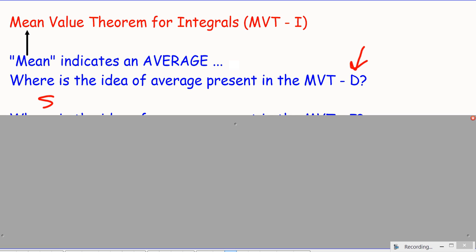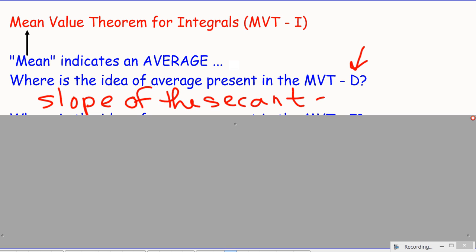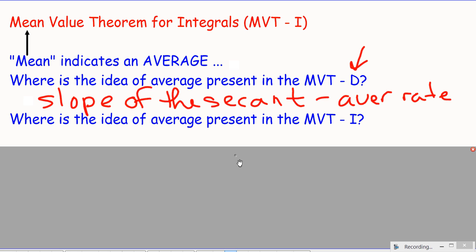Hopefully you know that the idea that's present is the idea of the slope of the secant line. That's an average rate of change. And so I'll write that too, average rate of change. And so that's the average that's present in the mean value theorem for derivatives.